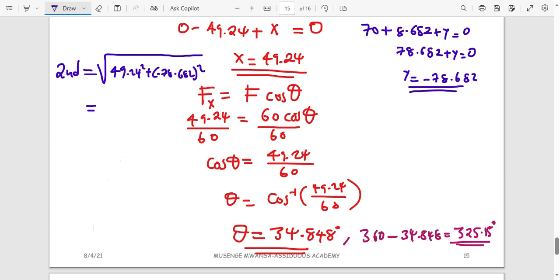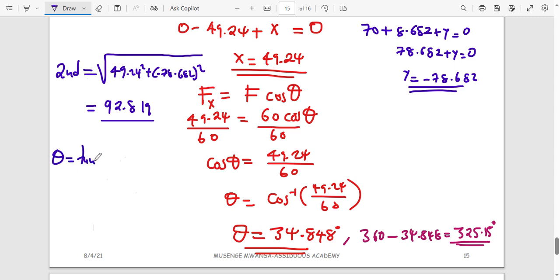So 49.24 squared plus the other one squared, and then we take the square root of that. It gives me 92.819. That's the magnitude.